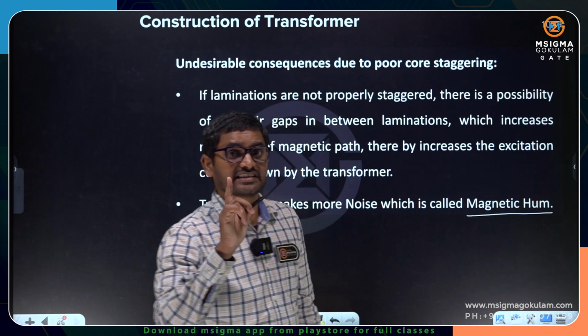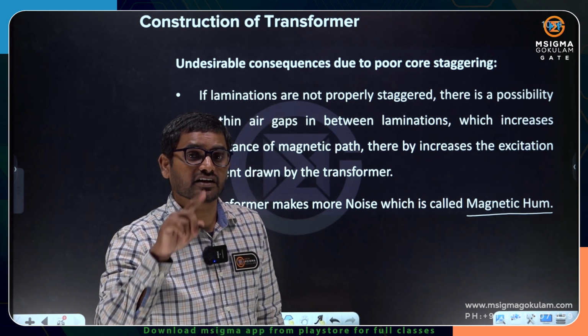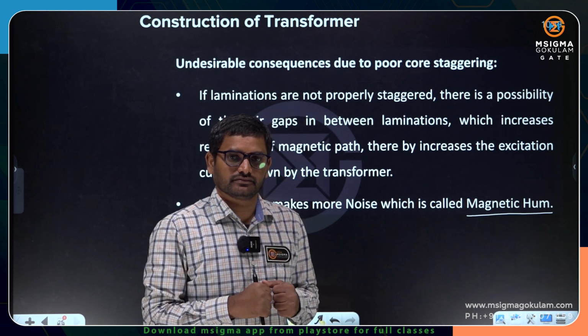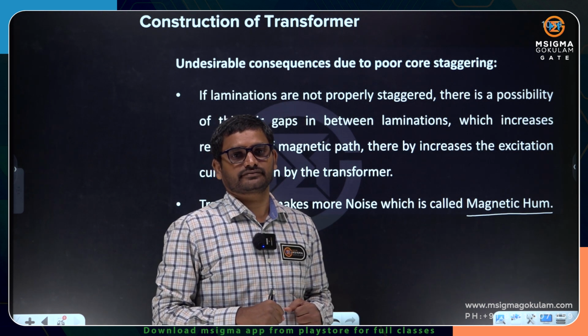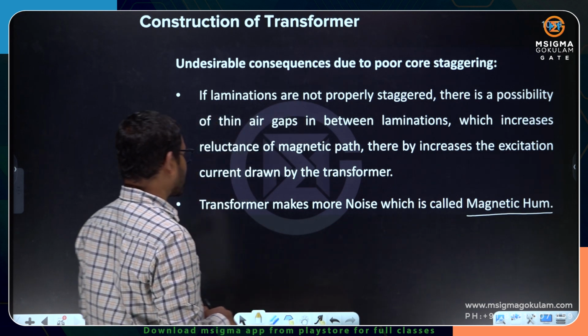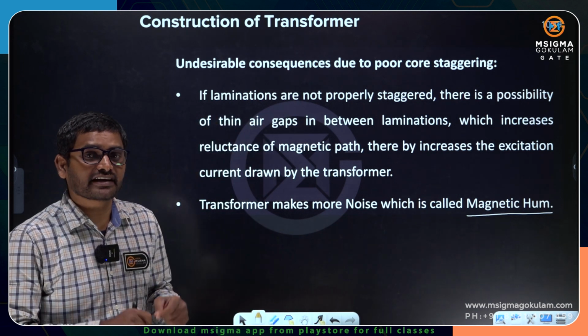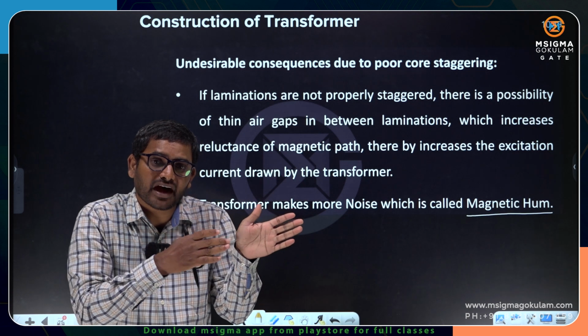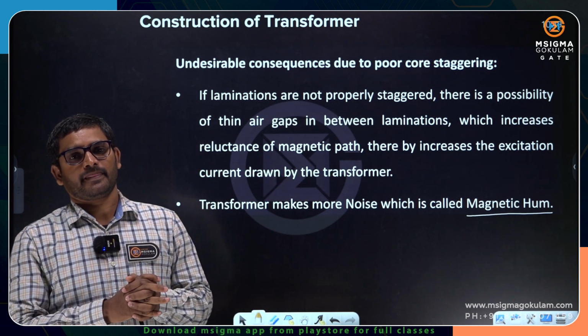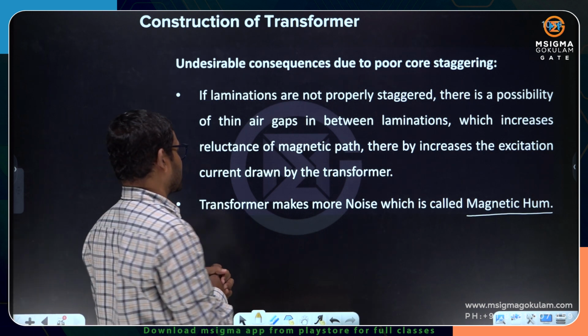Not hissing noise. Hissing noise is the noise created on the overhead conductor due to the corona effect. Humming noise is like that, a magnetic hum. It is because of magnetostriction. Magnetostriction means the magnetic path undergoes a change in dimensions, and that is due to alternating flux lines.